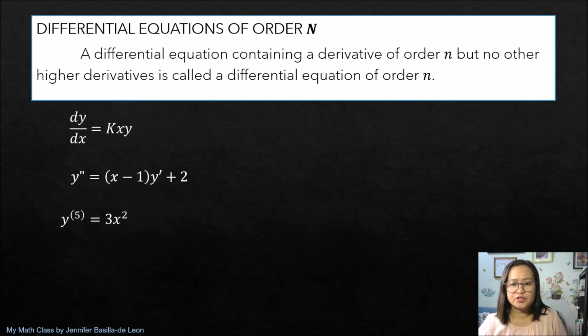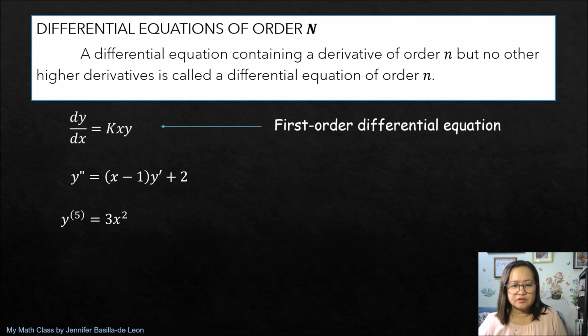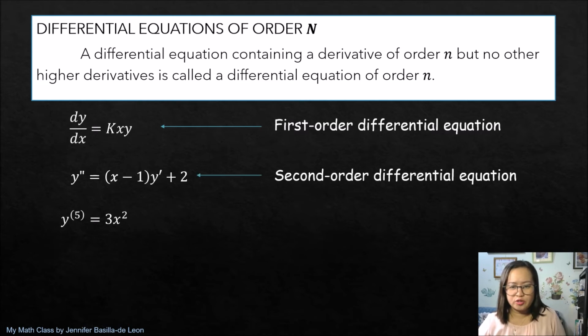The first expression is classified as a first order differential equation, while the second one is classified as a second order differential equation, and the third one, as indicated by this number, is of the fifth order.